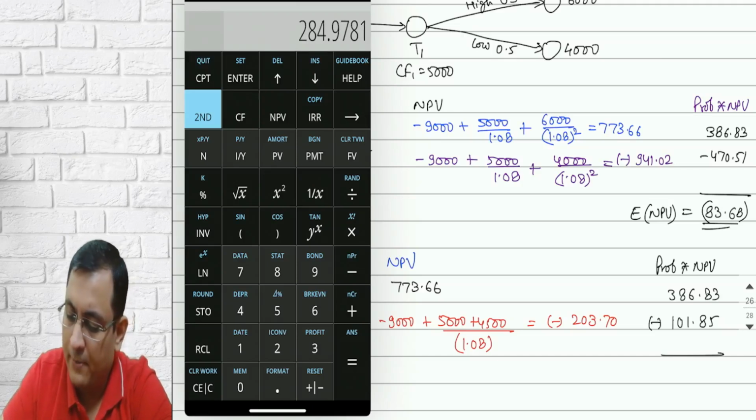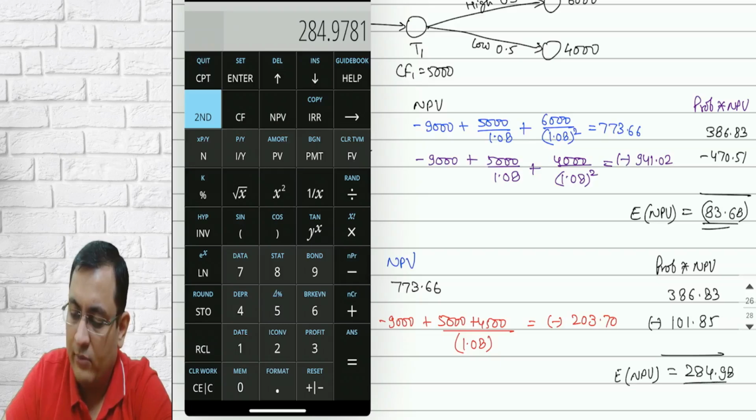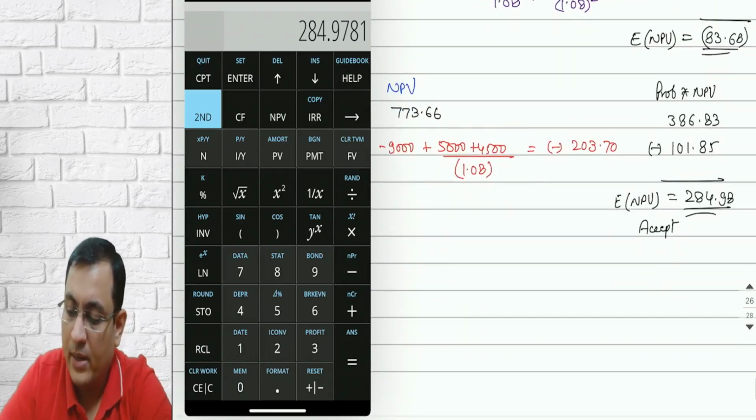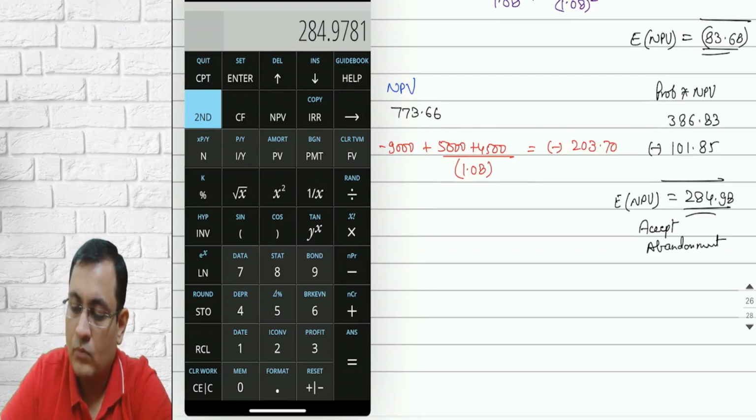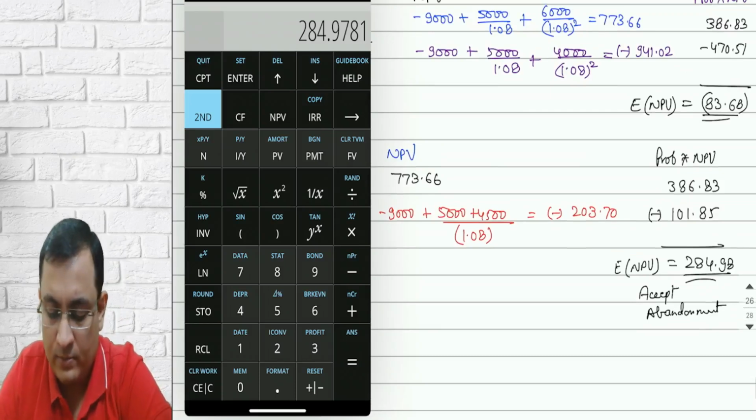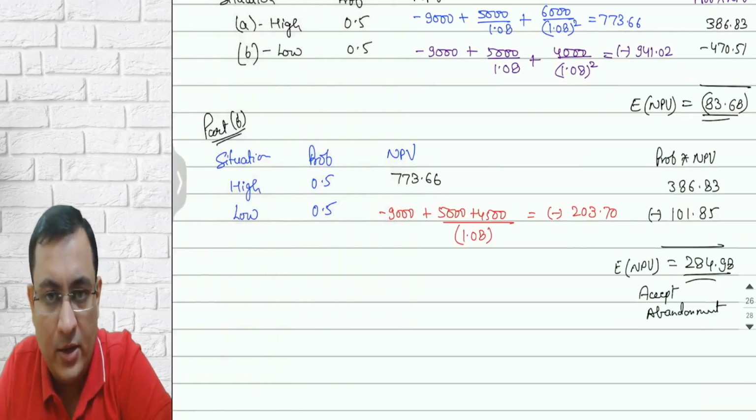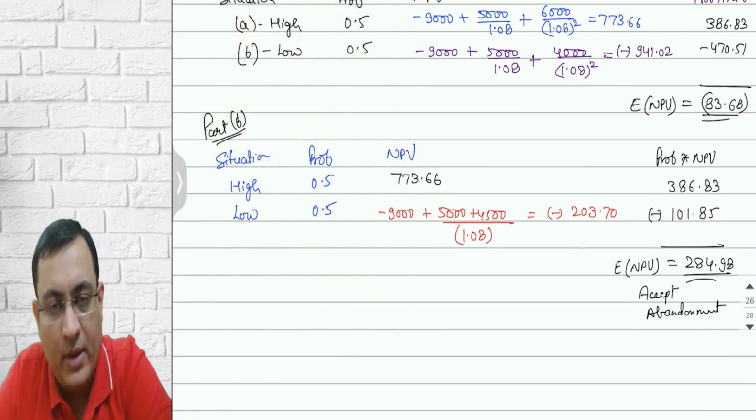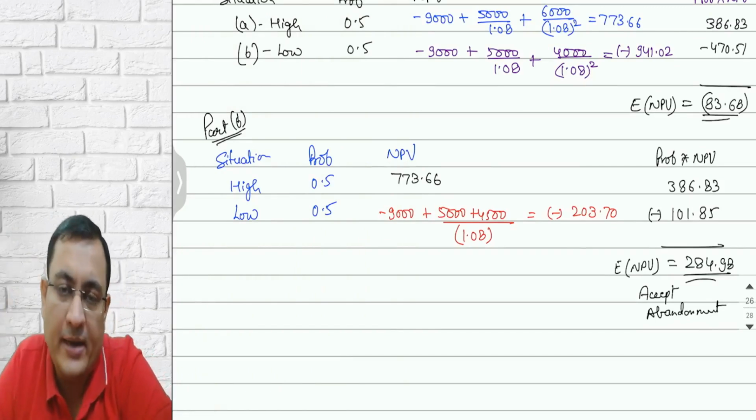So the overall expected NPV is 284.98, and we should be accepting the abandonment option. Accept the project. If demand is high, continue the project, and if demand is low, abandon the project at T1.